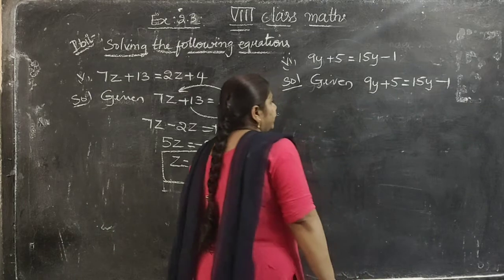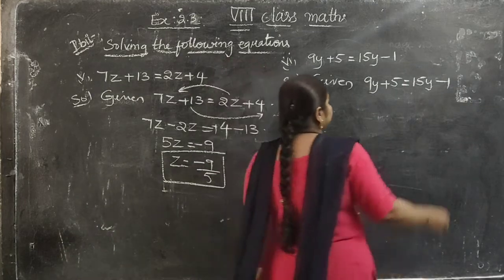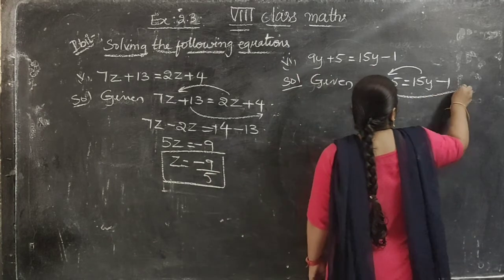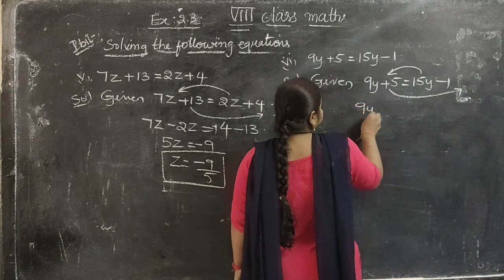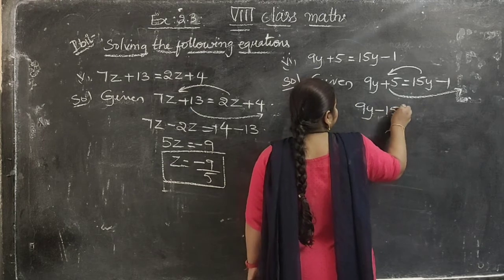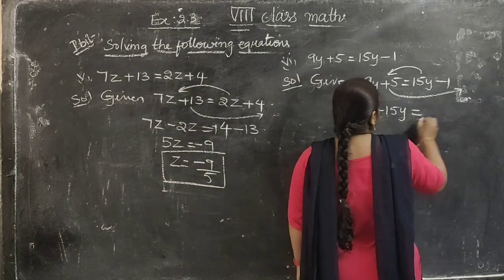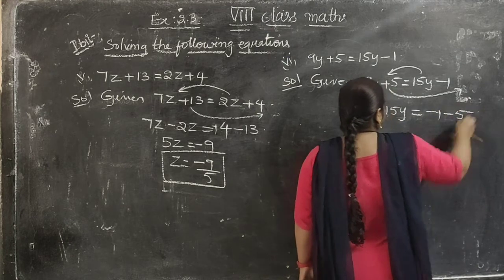So bring all the variables to one side and constant values to the other side. Transpose plus 15y to this side and plus 5 to the other side. 9y minus 15y is equal to minus 1 minus 5.